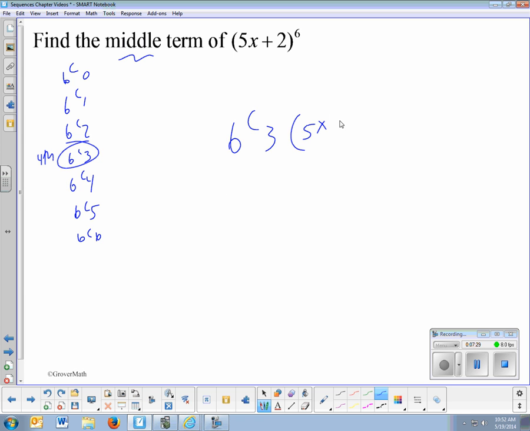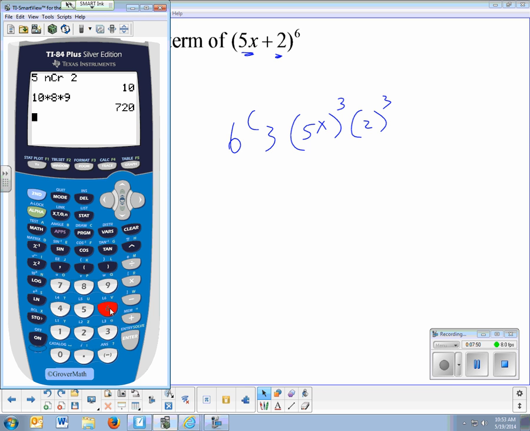Times our a term, 5x, raised to the third, not because it matches this number, but because 6 minus 3 is 3. So this is a case where my exponents will match. Times my b term, 2, also to the third. And I'll use my calculator for a lot of this. 6c3, using math, probability, nCr, 3, is 20.